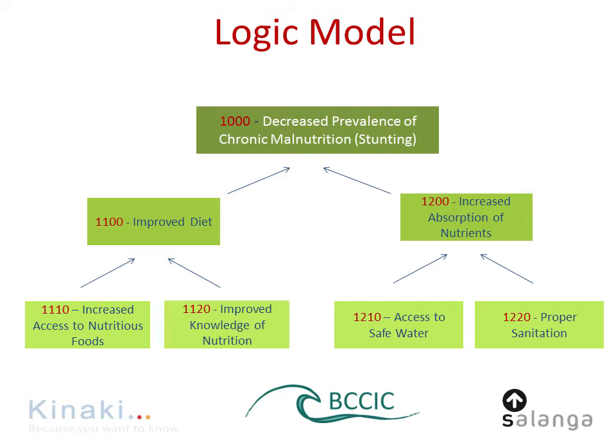As you can see, our biggest problem that we wanted to address was a high prevalence of chronic malnutrition. So in this case, we turn it into the statement that we will decrease the prevalence of chronic malnutrition. Because the statement should be finished, it's really a decreased prevalence of chronic malnutrition. We also want to improve diet, so the diet will be improved at the end of the project.